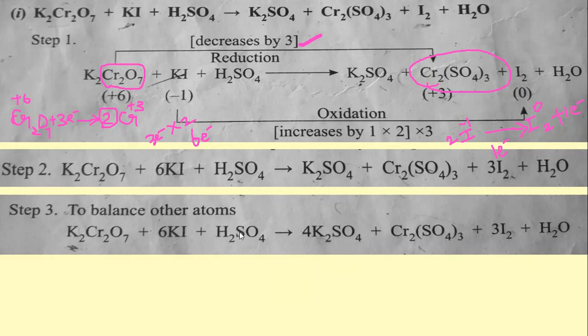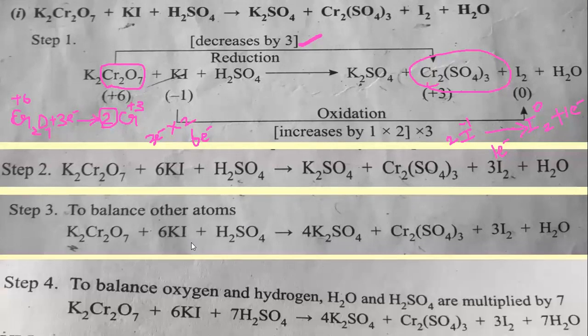While balancing you have to check individually. You are not supposed to count as total. So individually we have to count for the sulfur and then oxygen. Now to balance this oxygen and hydrogen, H2O and then H2SO4 should be multiplied by 7.